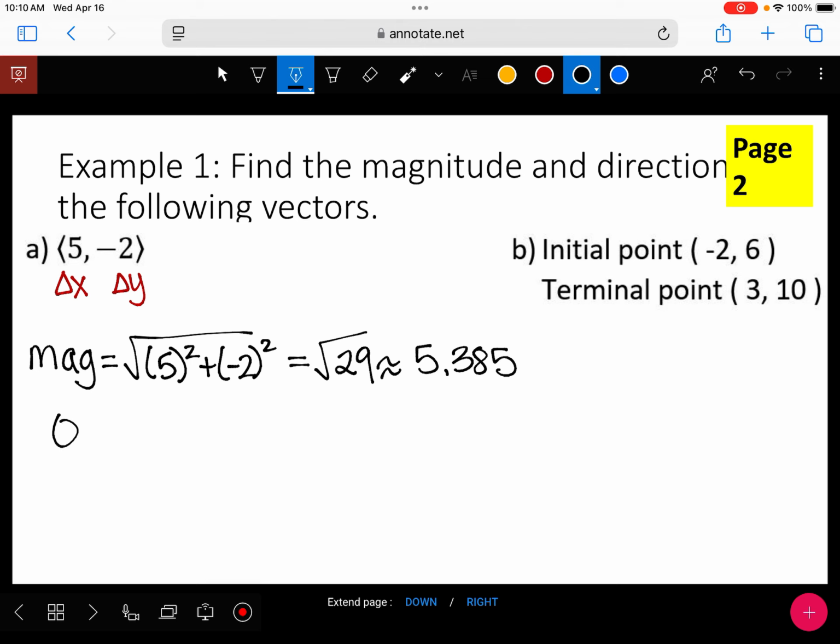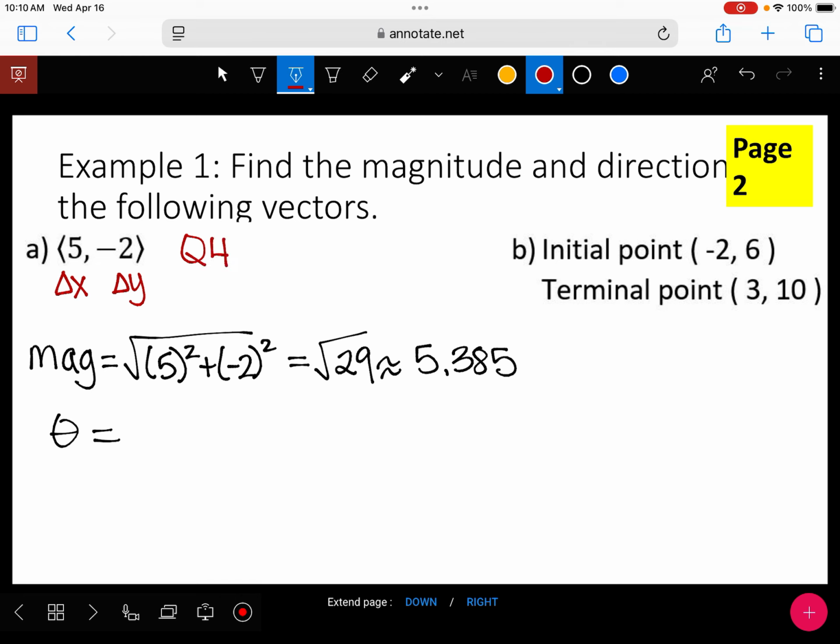And our direction. So now let's talk about direction. What quadrant do you think has a positive x and a negative y? I'm going to give you a second to think about that. Positive x, negative y. All right, well, that would be in Q4.